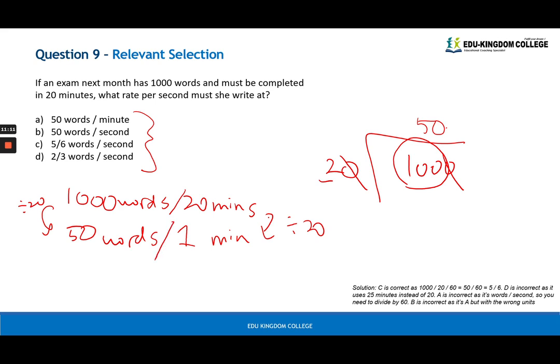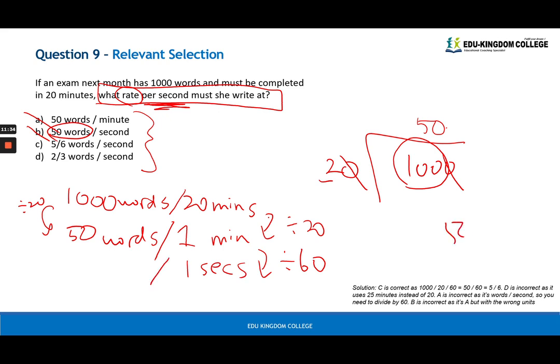Now you might think A is the answer, but read the question very carefully. What rate per second must she write at? So A is not correct because it's not the correct words per second. B is definitely not correct because you have to divide this again by 60 to get seconds. It can't be 50 words, right? Divide by 60 to get 1 second.